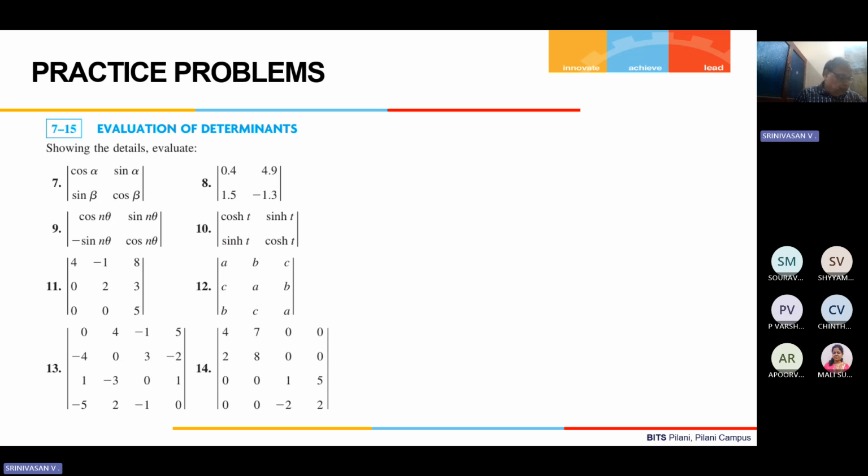So this is the same as 2 cube into determinant A. That can be checked now. 2 cube is 8, and determinant A is minus 158.